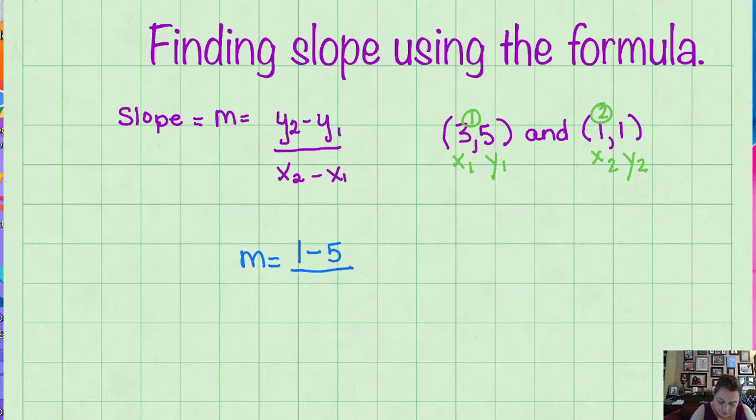Over x2, which is 1, minus, make sure you write down your minus sign, and then x1 is 3. So then 1 minus 5 is the same as 1 plus negative 5, which is negative 4. 1 minus 3 is the same as 1 plus negative 3. We get negative 2. Negative 4 divided by negative 2 is 2. So here we have a slope of 2.